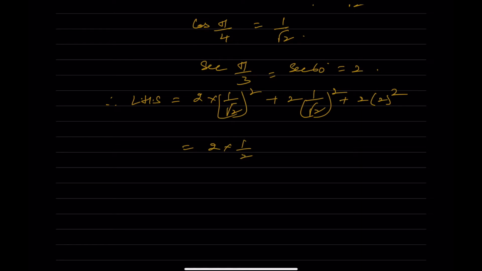So which is, here you will get it as 2 into 1 by 2 plus 2 into 1 by 2 plus 4 2s are 8. So total the answer will be here 10, because 1 plus 1 plus 8 is equal to 10 is the answer, which is equal to RHS. Therefore LHS is equal to RHS, hence proved.